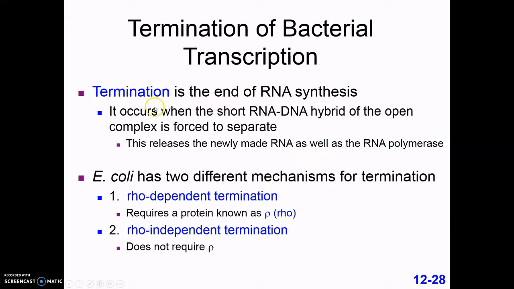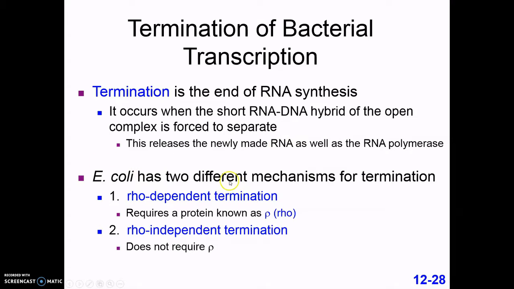Now, termination is when you end the RNA synthesis. Without some type of process in place, that RNA polymerase would just keep on going and make an infinitely long RNA. So there's a process by which we can knock it off.